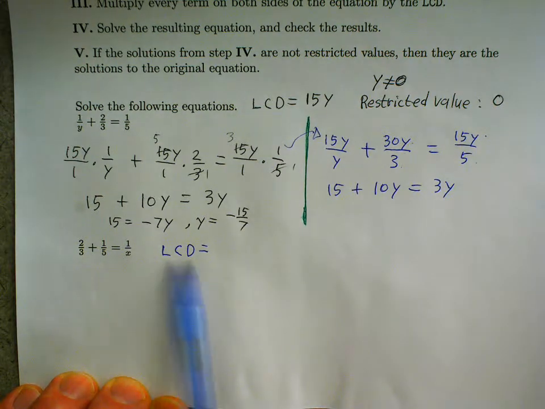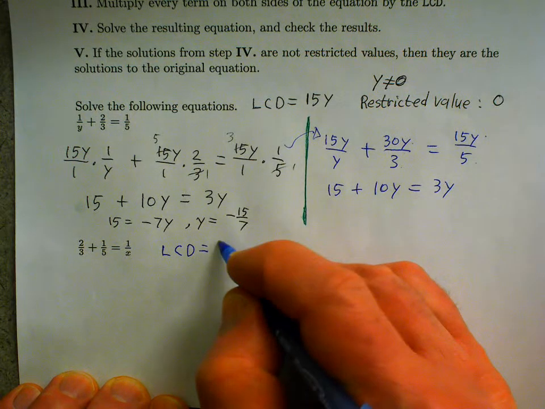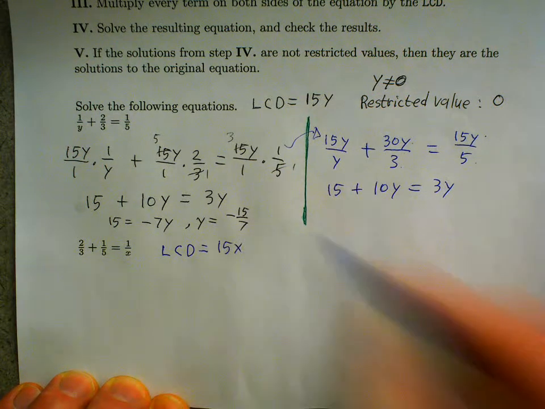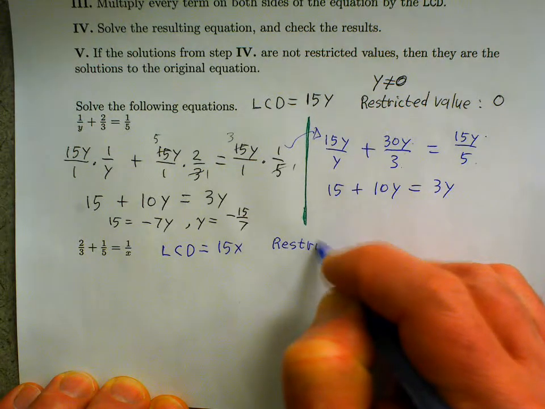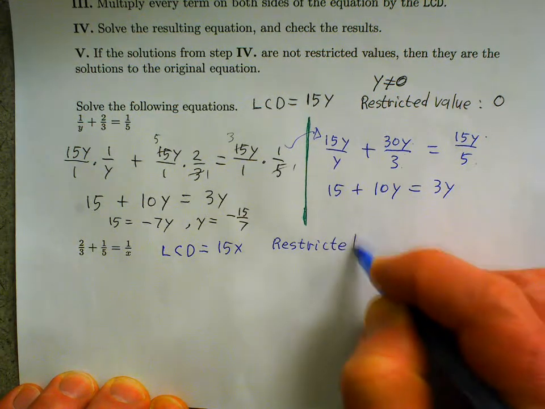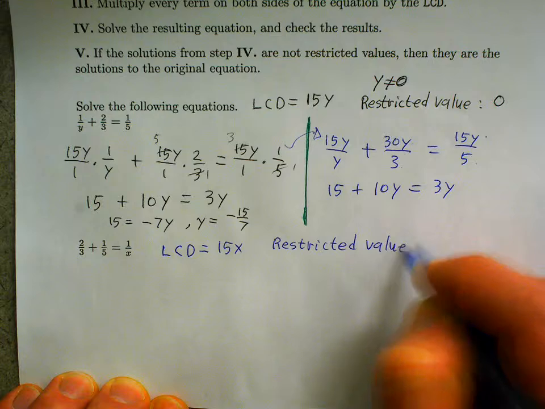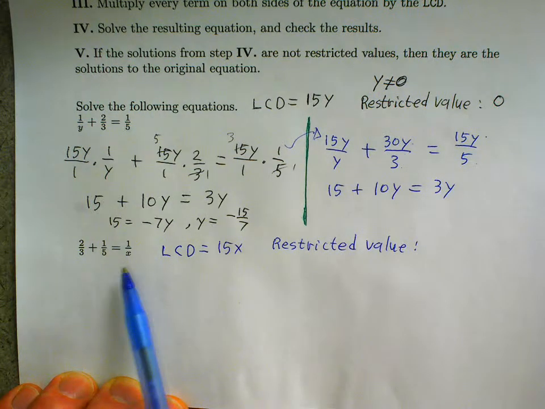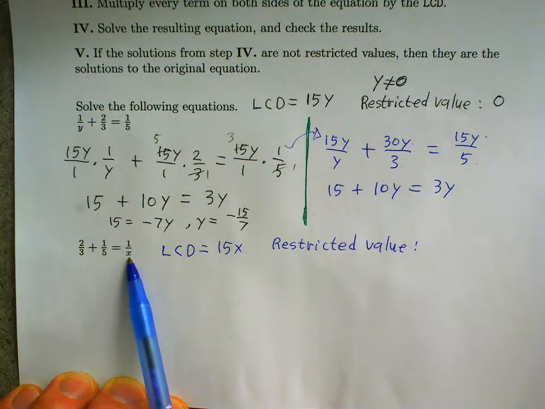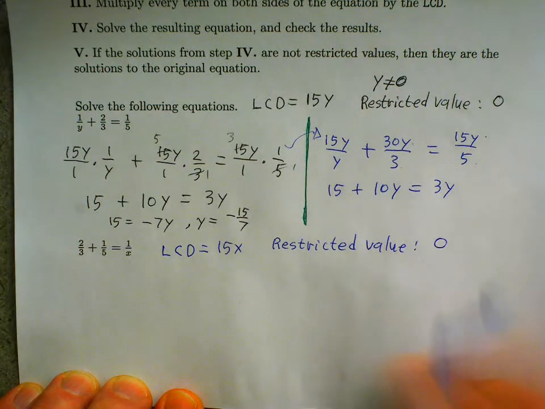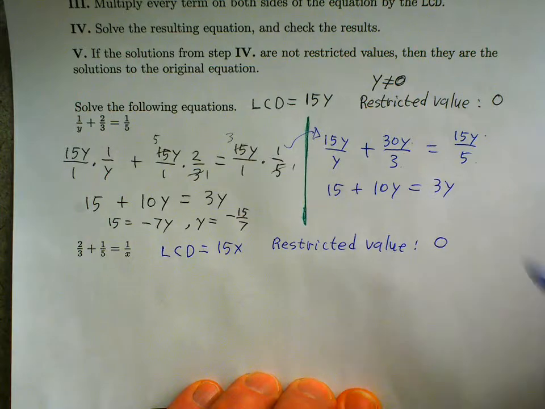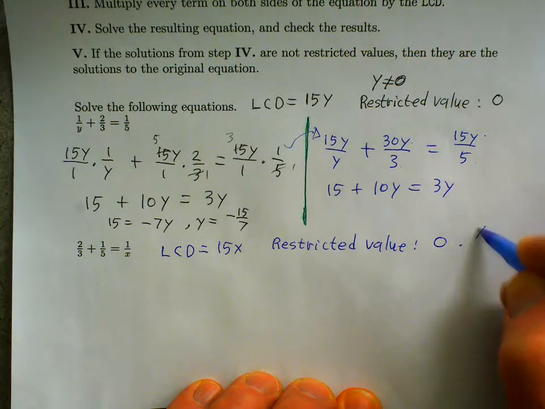So the least common denominator is 15x. The restricted value, well, this denominator has x in it, so x cannot be 0. So the restricted value is 0. So in other words, x cannot be 0.